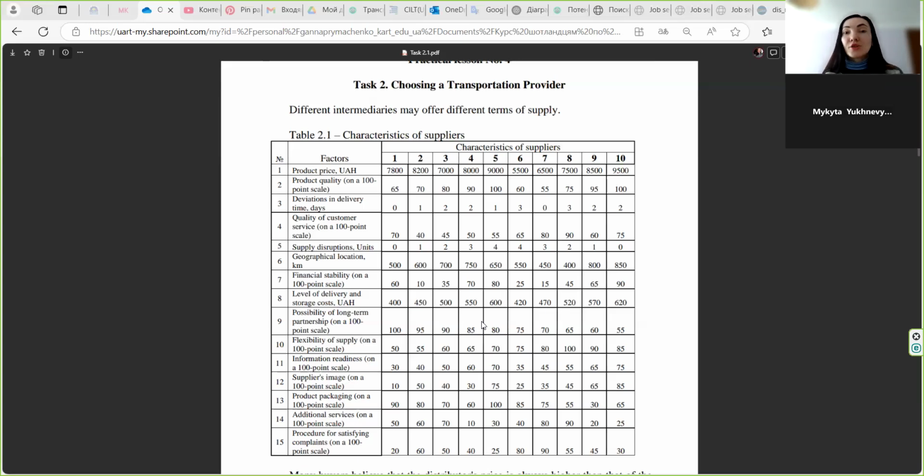Okay, now please choose all these positions for your variant and write it. 13 is 100, the best. Supply disruptions, number 5, 0 is the best.